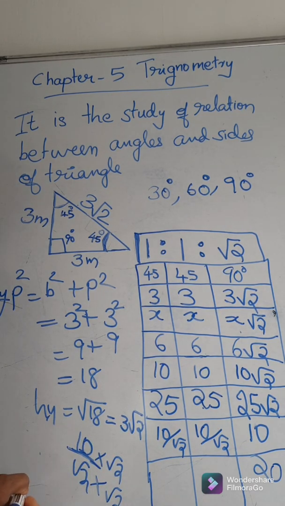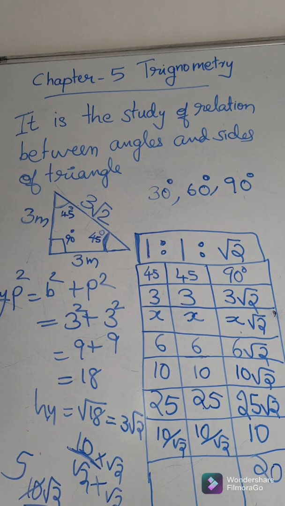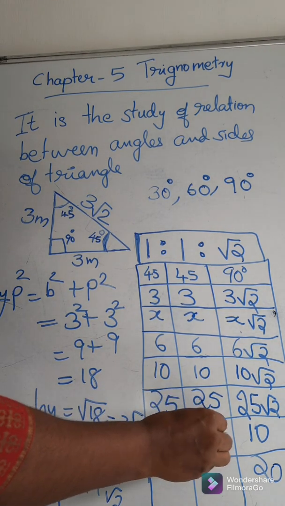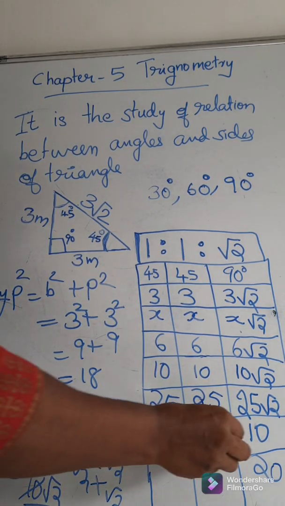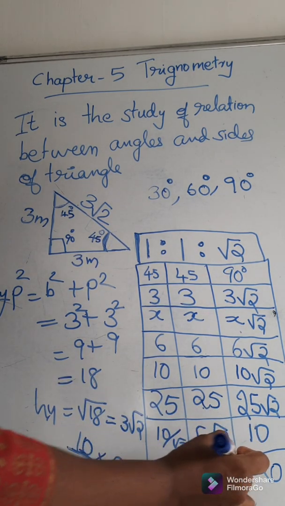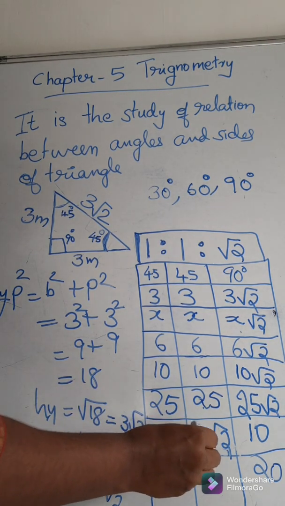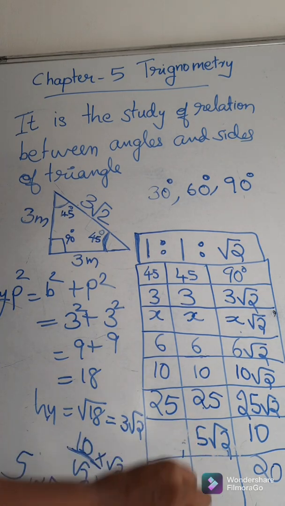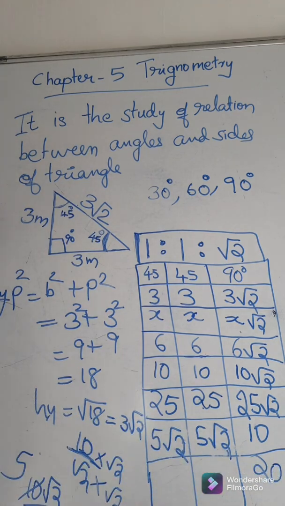So we will get 10 root 2 divided by root 2 into root 2, which is 2. We can cut, and this will come 5 root 2. So 10 by root 2 is the same as 5 root 2. Here also 5 root 2.